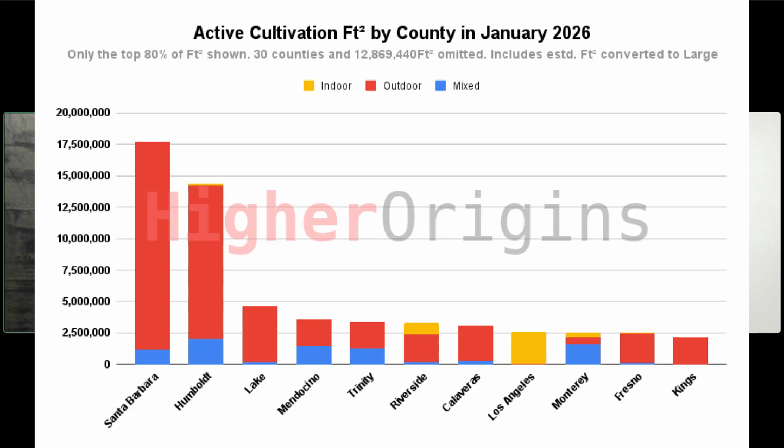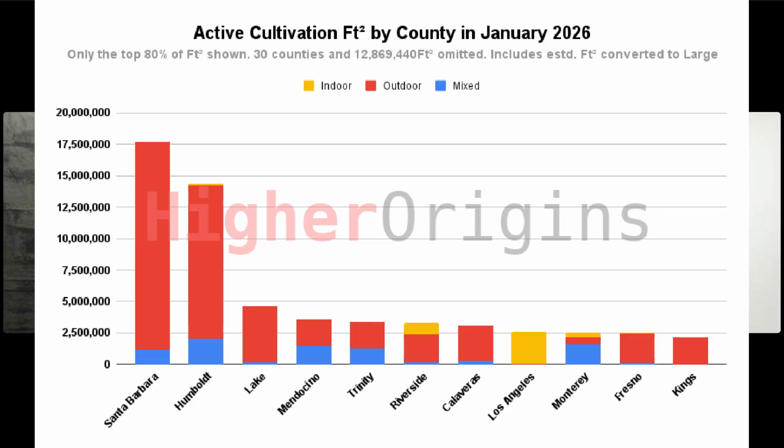The top 50% is only in four: in order of largest to smallest, Santa Barbara, Humboldt County, Lake County, and Mendocino County. The top five overall are Santa Barbara, Humboldt, Lake, Mendocino, and Trinity. So you've got the Emerald Triangle, Santa Barbara, and Lake County, which is next to the Emerald Triangle.